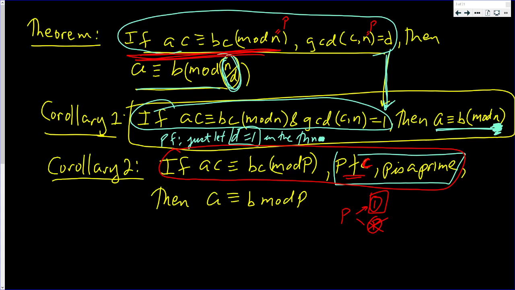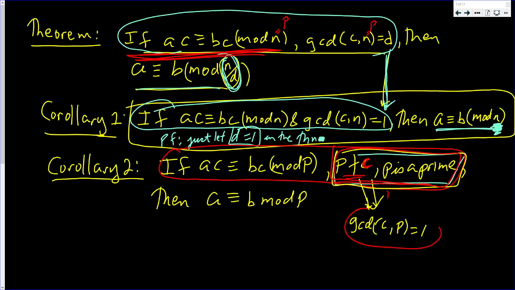So that means that since P is prime, the GCD of P and C is 1. Now, I just want to write it like I did in the last one. I wrote C first. The GCD of C and P is 1. That's what this means. This here in red means that the GCD of C and P is 1.